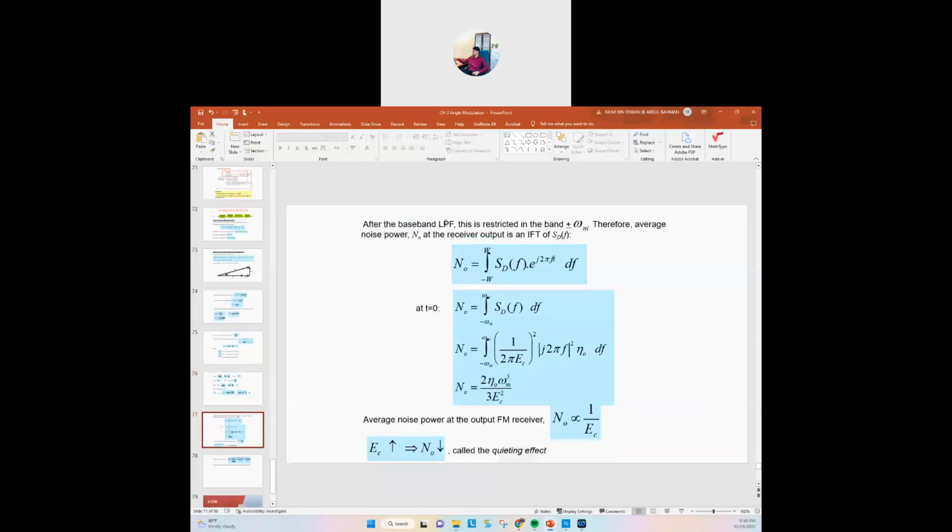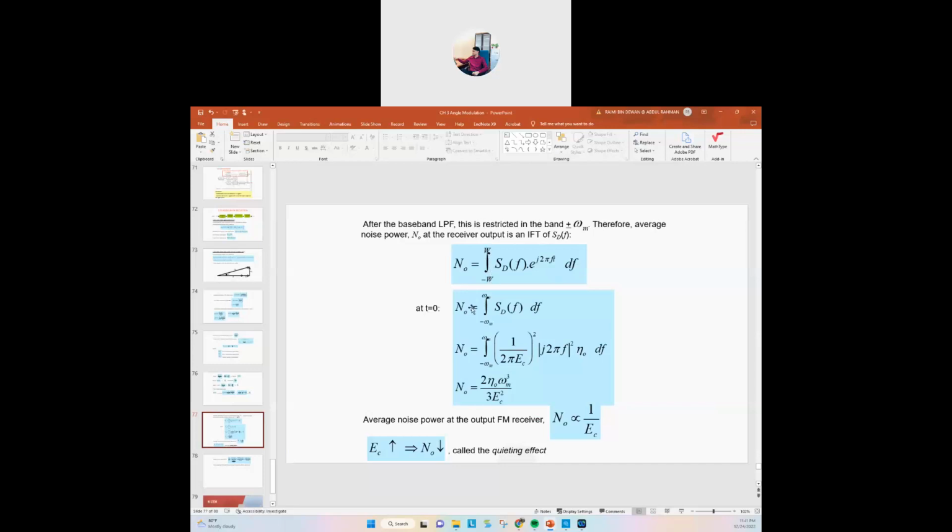Here, S_D of the discriminator is given by S_D(f). Then after the baseband LPF, after we low pass filter, we restrict to plus or minus omega m. I think you know already. Therefore, the average noise power N0 at the receiver output is an inverse Fourier transform of S_D(f). So N0 is equal to the integral from negative omega m to omega m of S_D(f) e^(j2πft) df at t equals 0.